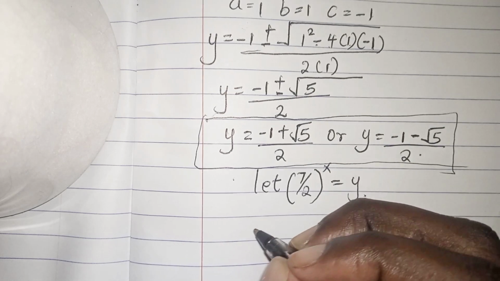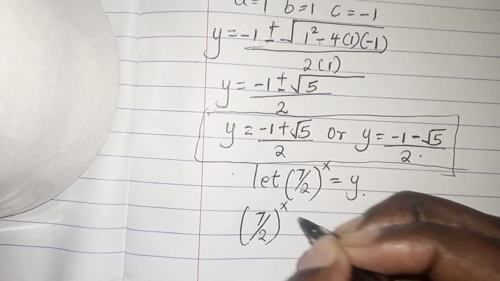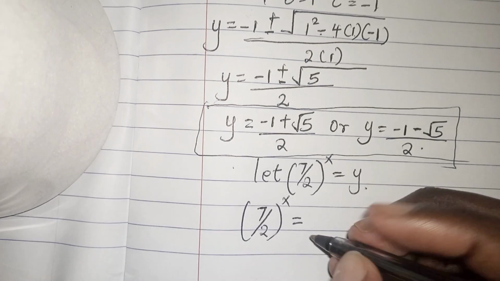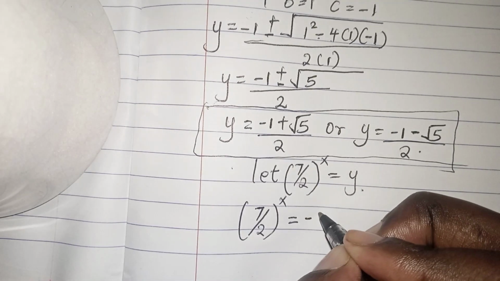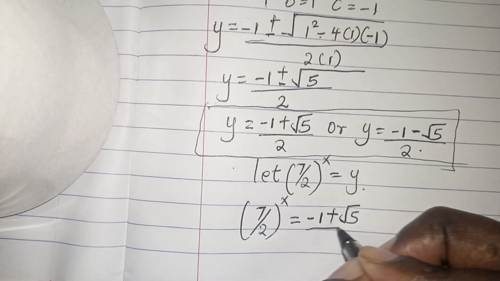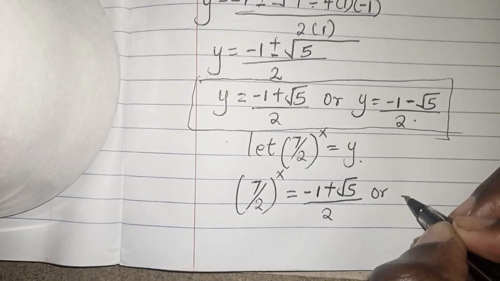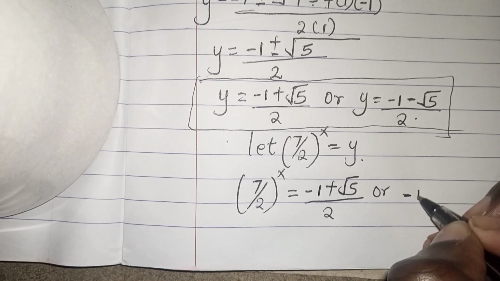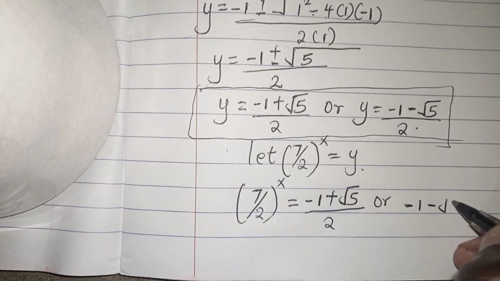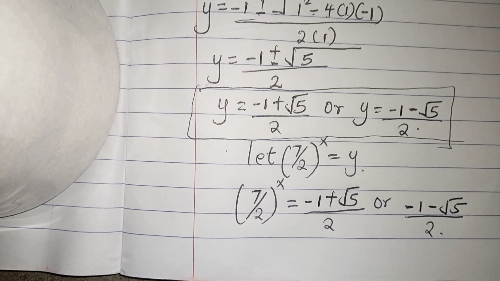So 7 over 2 to the power of x is equal to y, which is negative 1 plus square root 5 over 2, or negative 1 minus square root of 5 over 2, right?